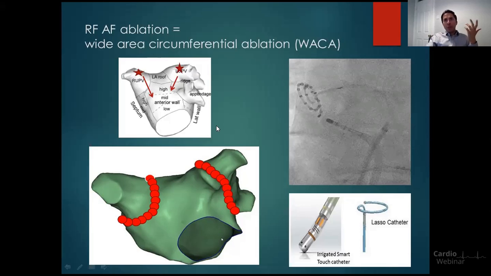In order to prove that we've done it effectively, we have a second catheter, known as a lasso catheter by some commercial companies, which sits in the pulmonary veins to prove whether or not we've achieved that electrical disconnection. That is all you need to know as a general cardiologist about the practicalities of radiofrequency AF ablation.